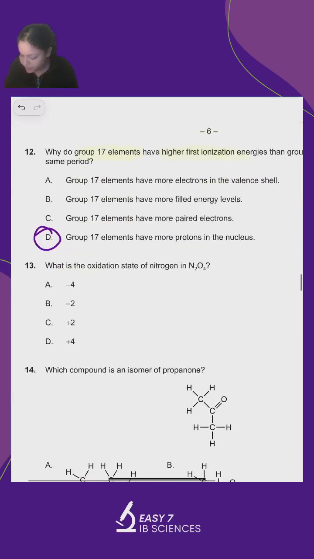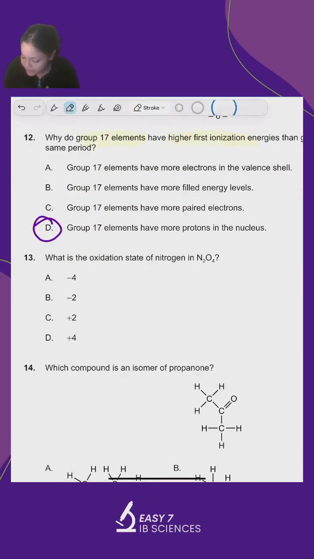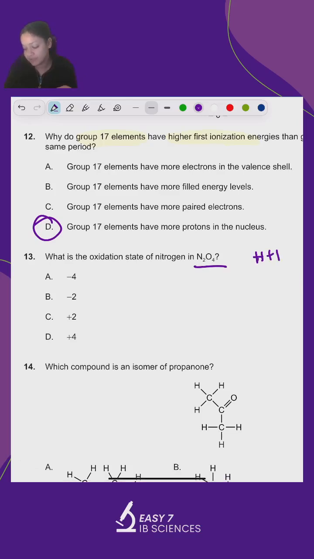Okay, moving on. What is the oxidation state of nitrogen in N2O4? So to solve ionization state questions, what you have to do is consider that some elements always have a specific ionization state. So for example, hydrogen is always +1, oxygen is always -2.